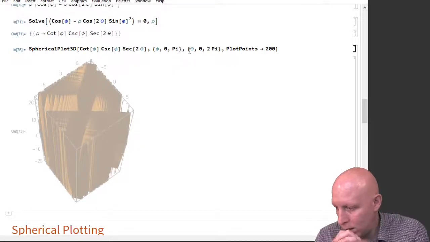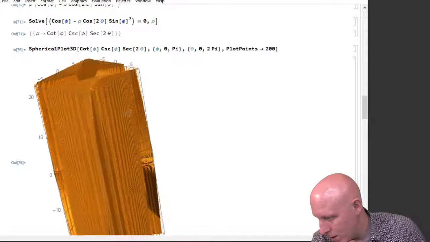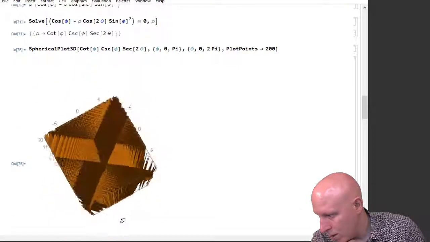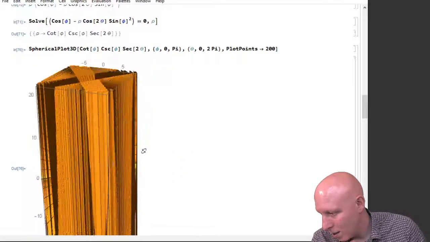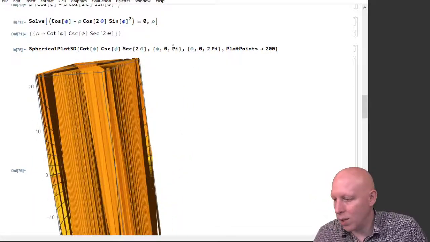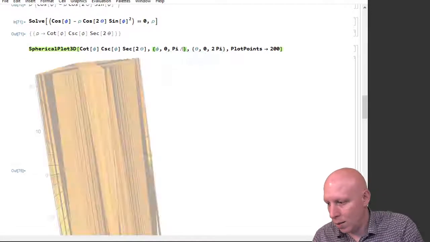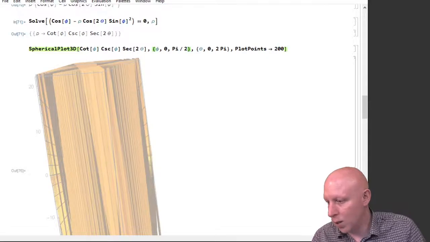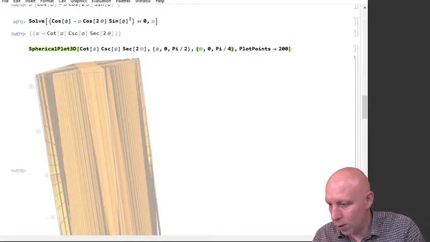Where are these things not defined? They're defined in all those places. I'm looking from above and it looks like it's just having trouble with what these values are. So what if I just did phi goes from 0 to pi over 2 and theta goes from 0 to pi over 4?